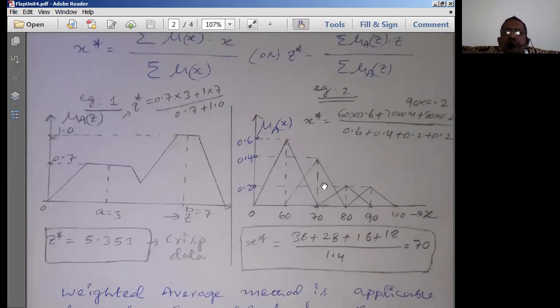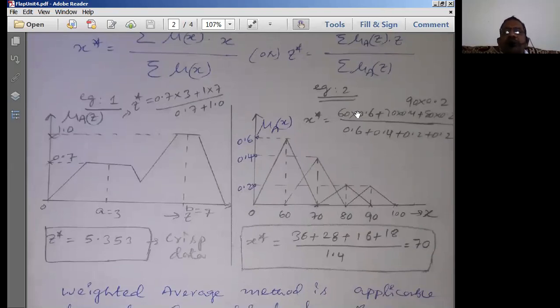But what is so important for us is that we should look into the membership values of the membership functions along with the elements of the fuzzy set. So let us start applying this particular formula here. Sigma of mu a of z into x by sigma of mu a of z. So here I am taking the variable as x.